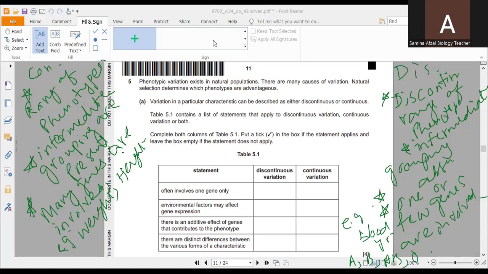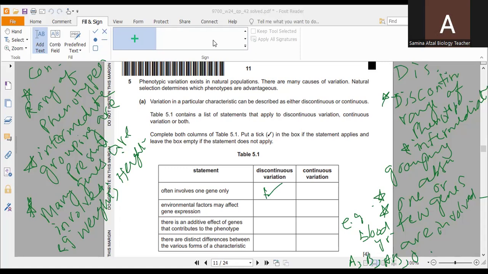In the light of all this, the statement 'involves one gene only' is correct only for discontinuous variations, as I have already written over there.